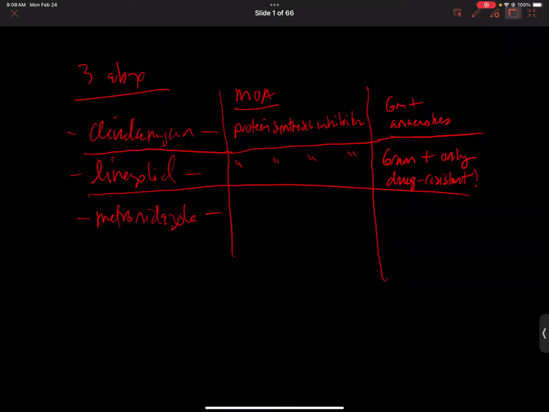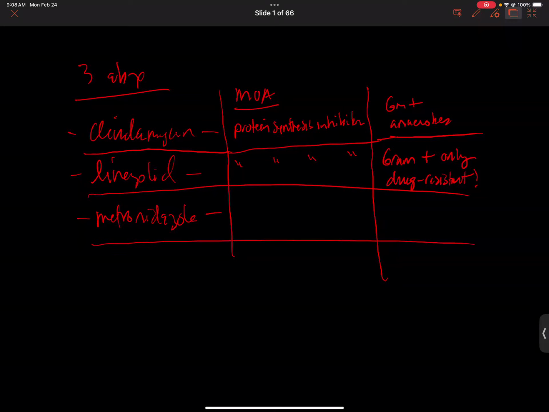So MRSA, it's an alternative to vancomycin for MRSA. It is an alternative to daptomycin for VRE, okay? It is an alternative for individuals who can't tolerate vancomycin or have adverse effects with daptomycin, right? So it has its role in the clinic. Just have to make sure you're using it judiciously, okay?